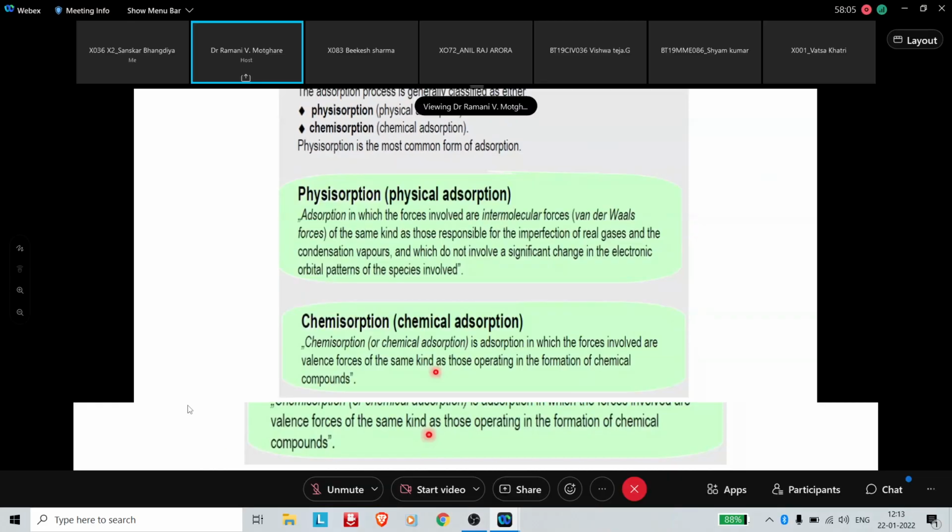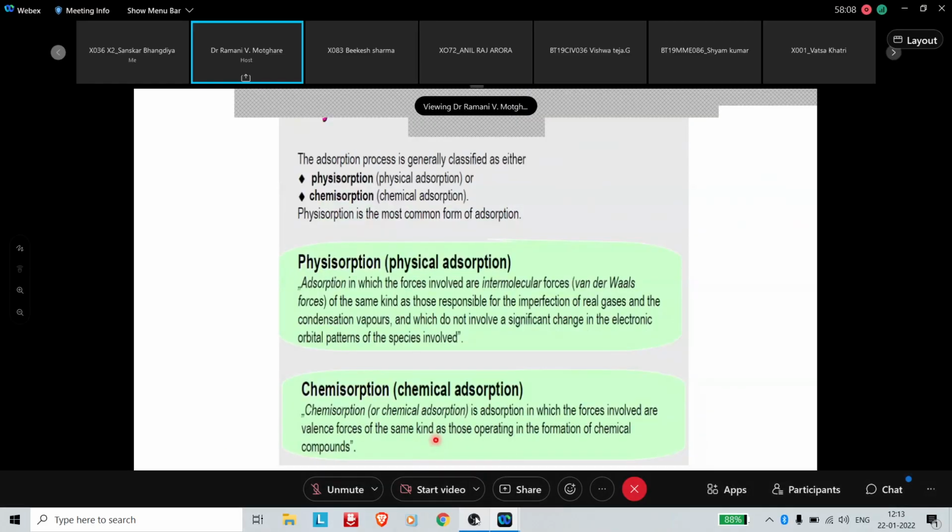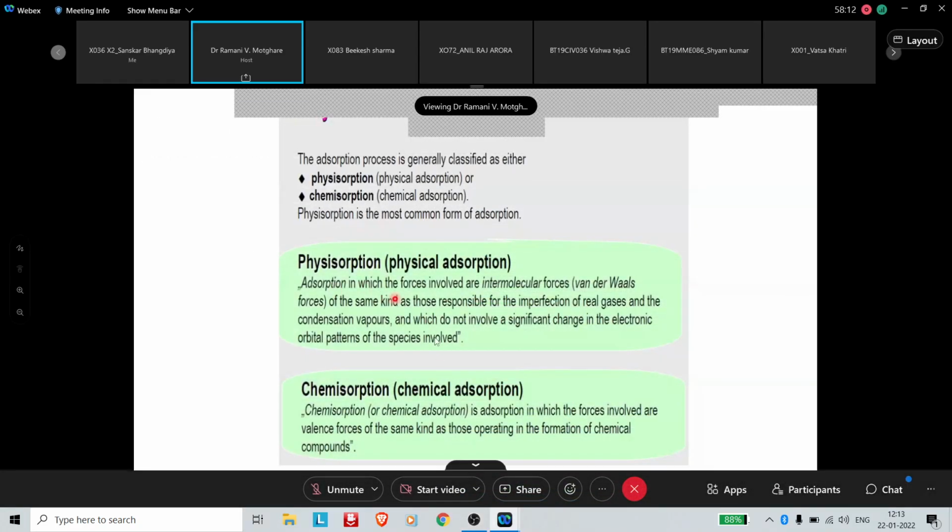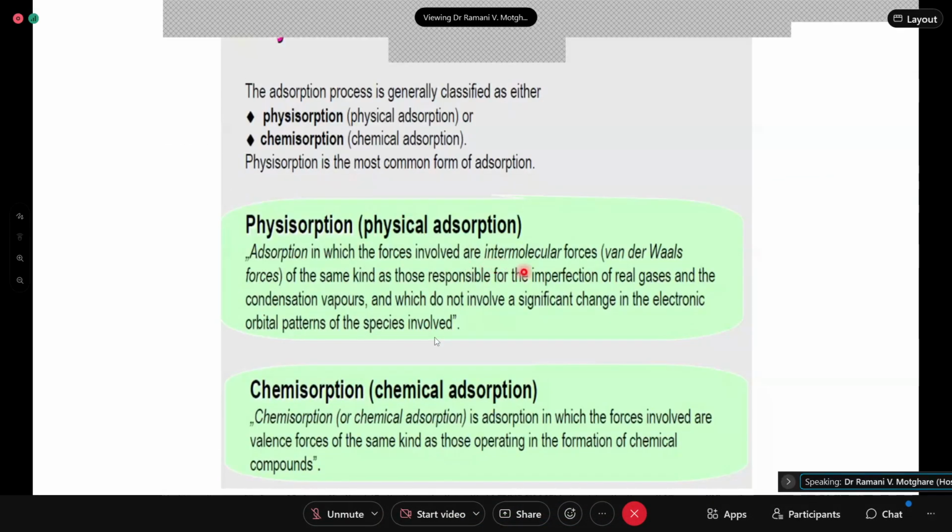Right. So in physisorption, the forces involved are intermolecular forces of the same kind as those responsible for the imperfection of real gases and the condensation of vapors, and which do not involve a significant change in the electronic orbital patterns of the species involved.